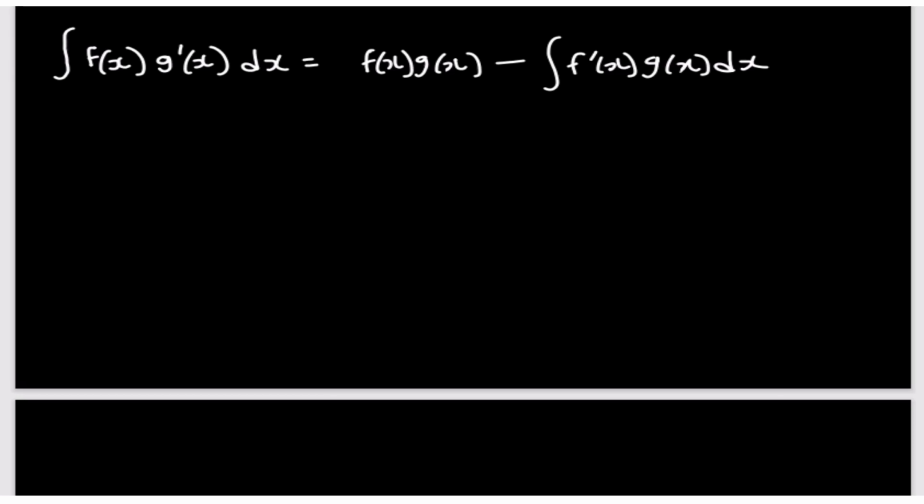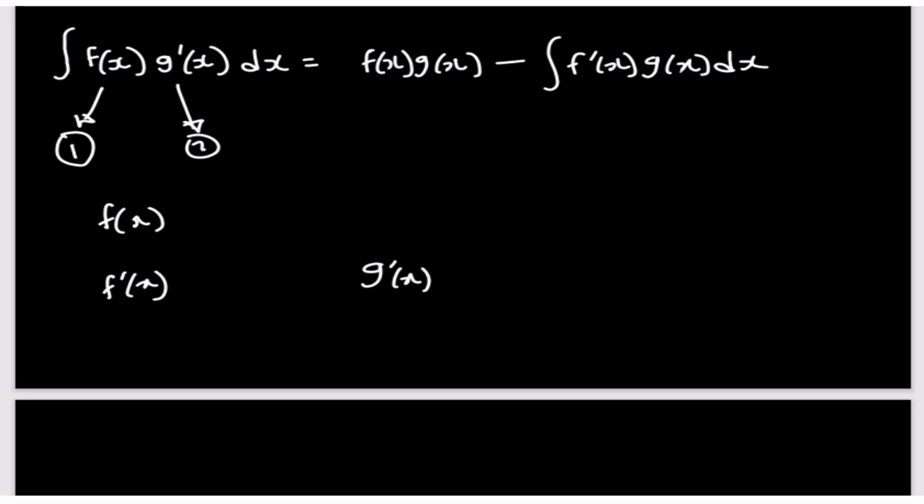If that's the case, then one is f of x and the other is g prime of x. If I have f of x, I need to determine f prime of x. We know how to do that, right? From f of x to f prime of x, it's the derivative. Then if the other part is g prime of x, I must determine g of x. And going from the derivative back to the original equation is integration.